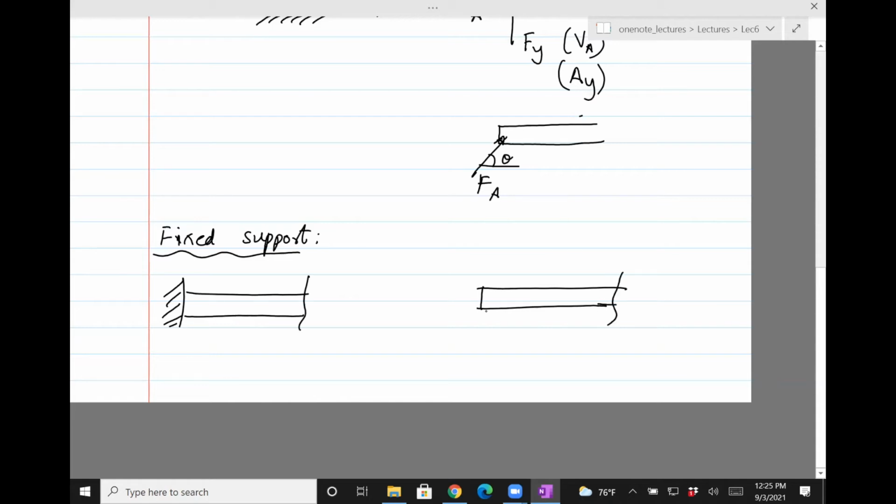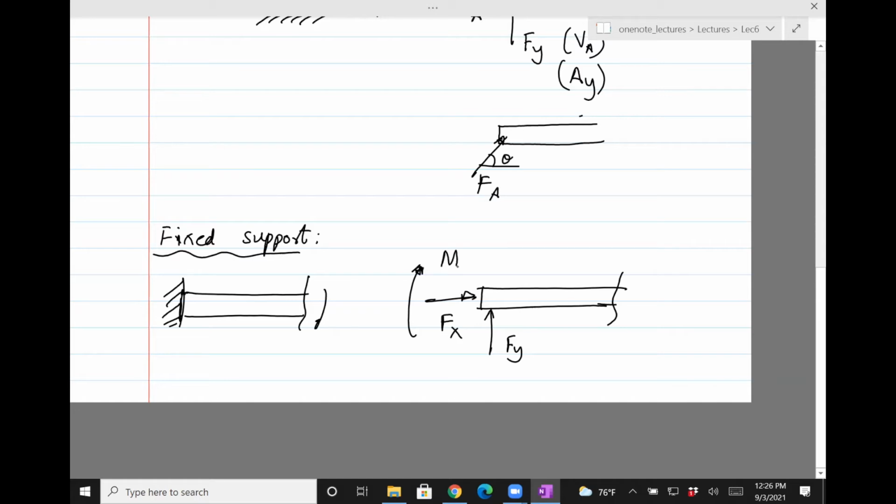There will be Fy, Fx, and something more to it, because a cantilever beam resists rotation. The slope at the attachment point is always zero when the beam starts bending. So it basically resists rotation, and so you need to put a moment in.